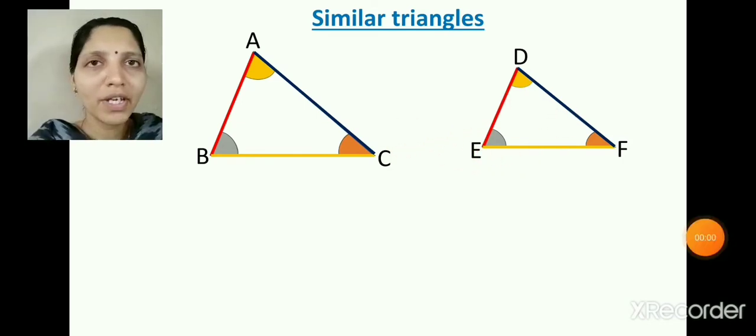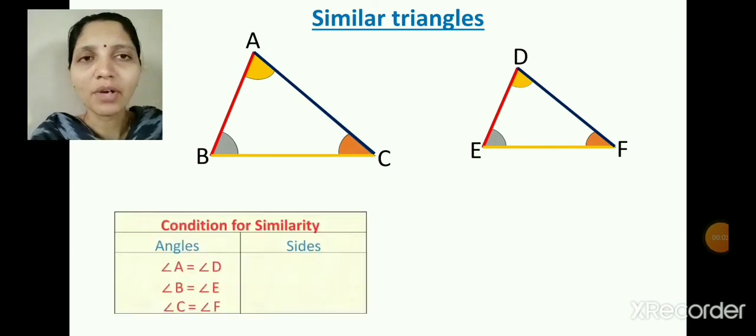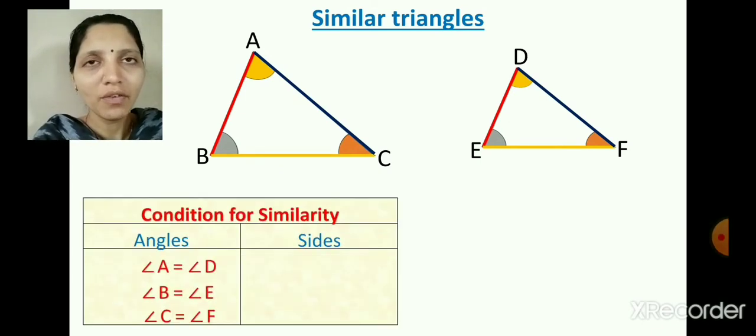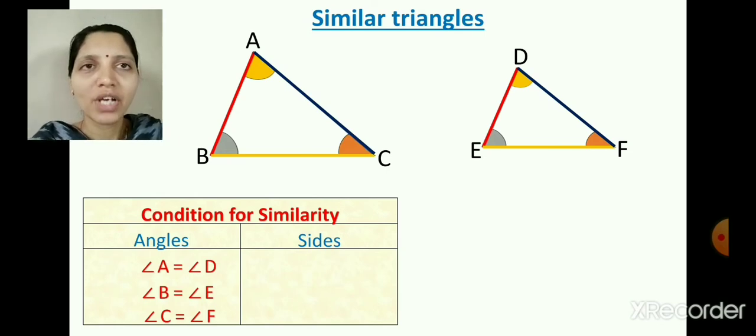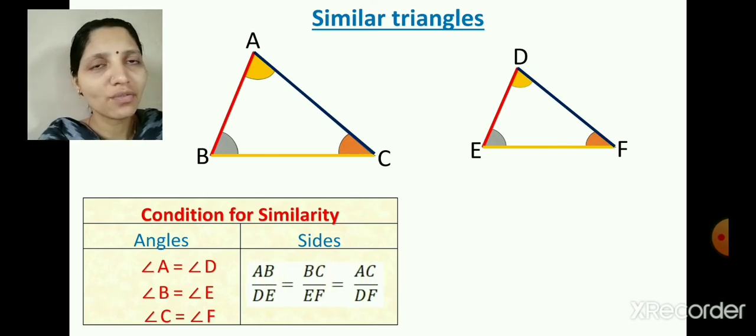Now how can we find out whether the given triangles are similar? There are some conditions. If the three corresponding angles of the triangles are congruent, then we can say that the two triangles are similar. Similarly, if the three corresponding sides of these two triangles are in proportion, then also we can say that these two triangles are similar.